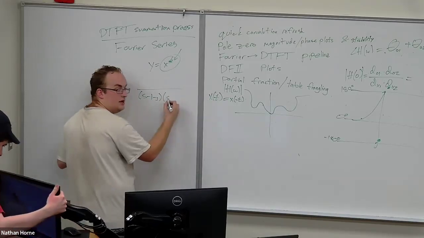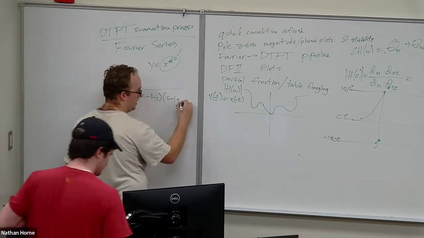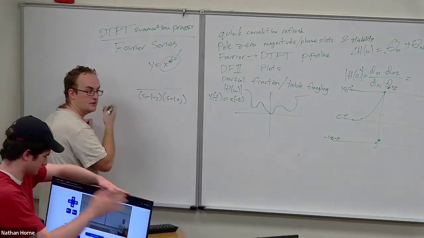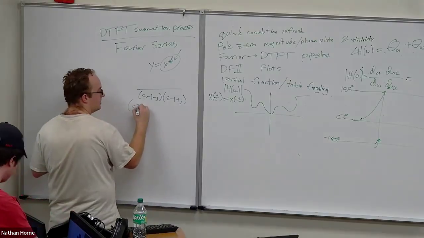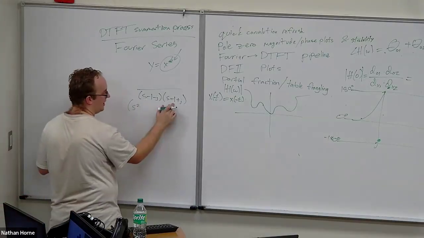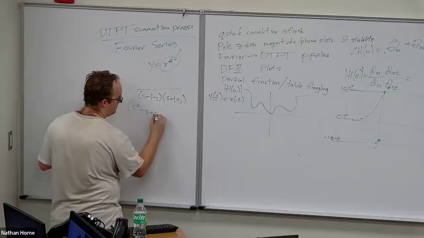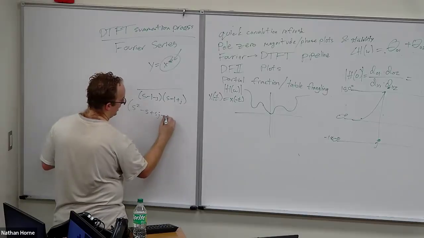And then what's the conjugate of that? -1 plus j. That's right. You reverse the sign of the imaginary. That's what a conjugate is. So let's FOIL this out and see what happens. We're going to have s squared, that's our easy term. And then we're going to have s times -1, so negative s. We're going to have s times j. And then we go the other way, s times -1, minus s.